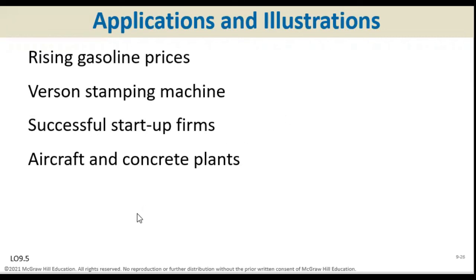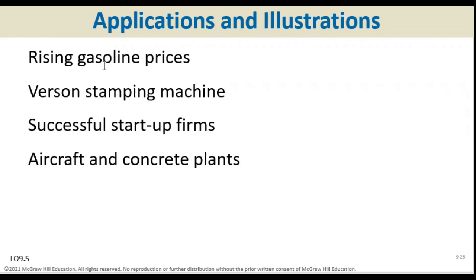Application and illustration of the concept. The rising gasoline prices will cause the short-run costs, such as average variable cost, marginal cost, and average total cost, to rise for the firm that uses fuel as an input. An example would be a logistics firm like FedEx, for instance, right?